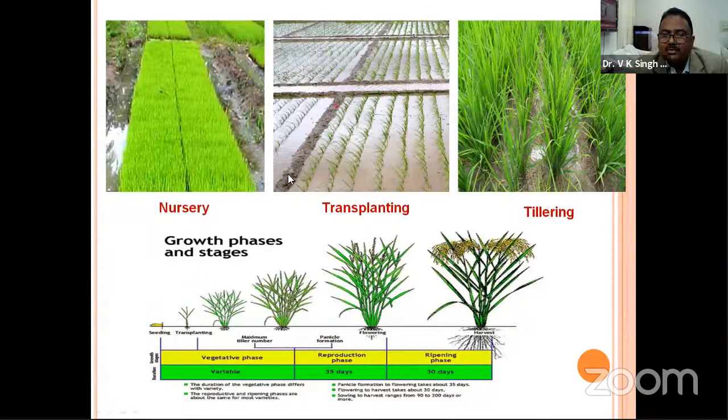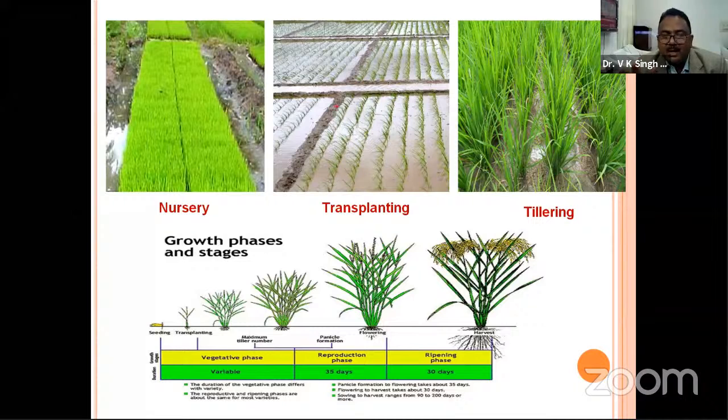Our research clearly indicates that if you don't apply nutrient, particularly nitrogen, up to 15 days after transplanting, there is no loss in productivity. And you can curtail that amount, or you can shift that amount to another 3 splits, 15 days, then 45 days, then 65 days. Your nutrient use efficiency is increasing.